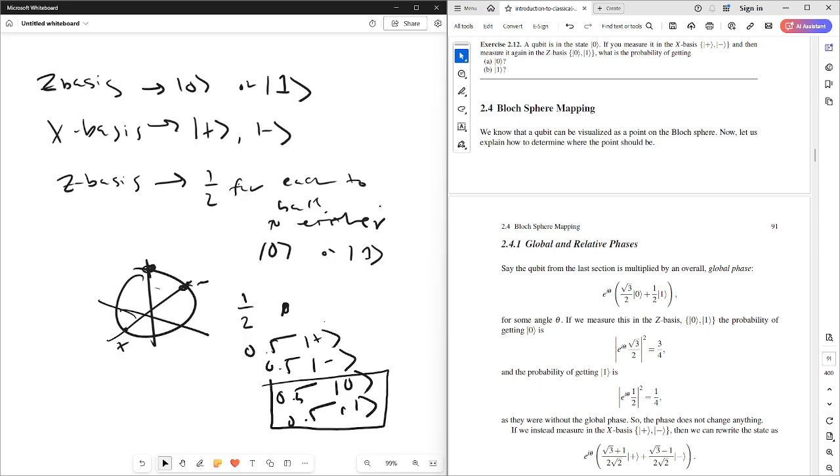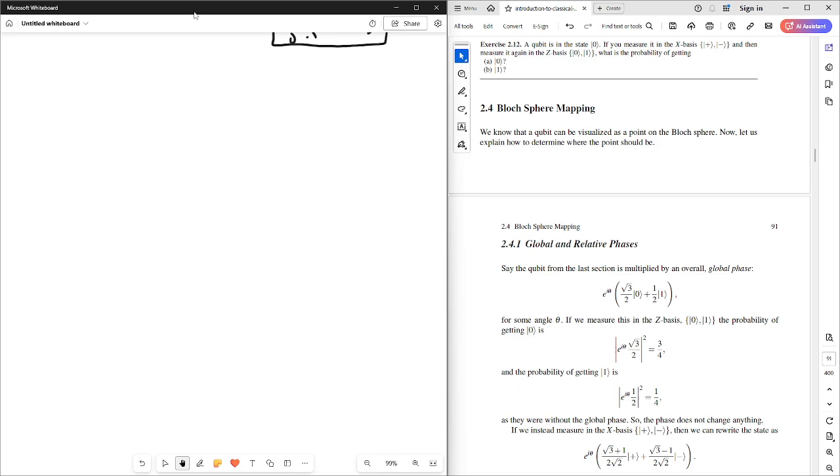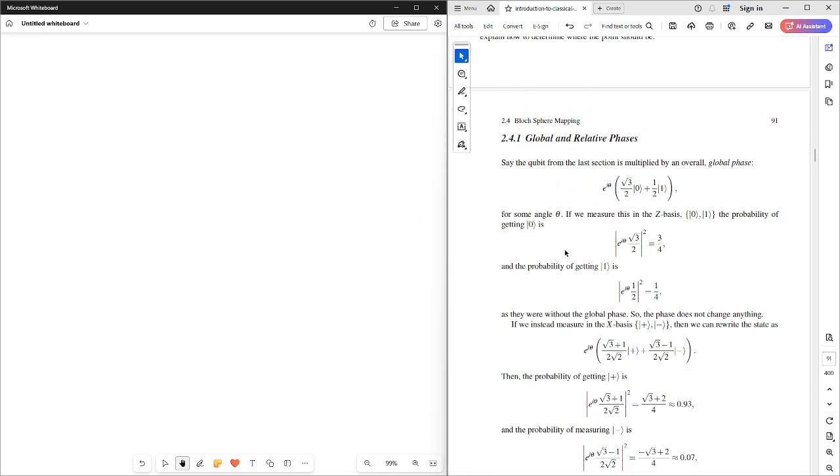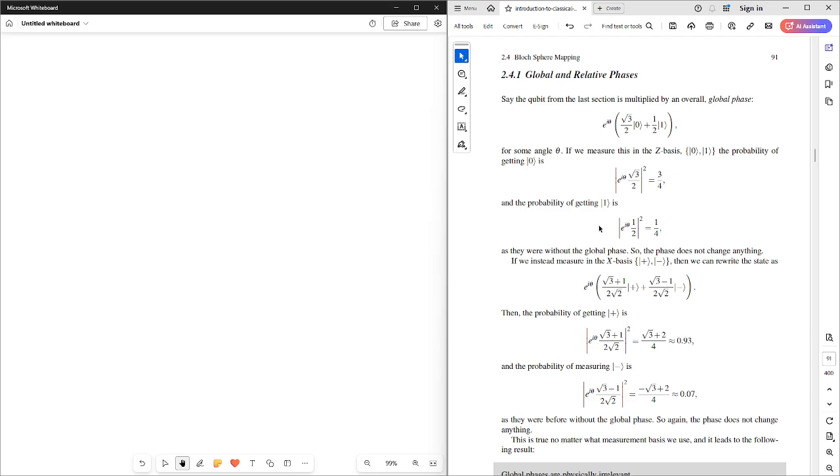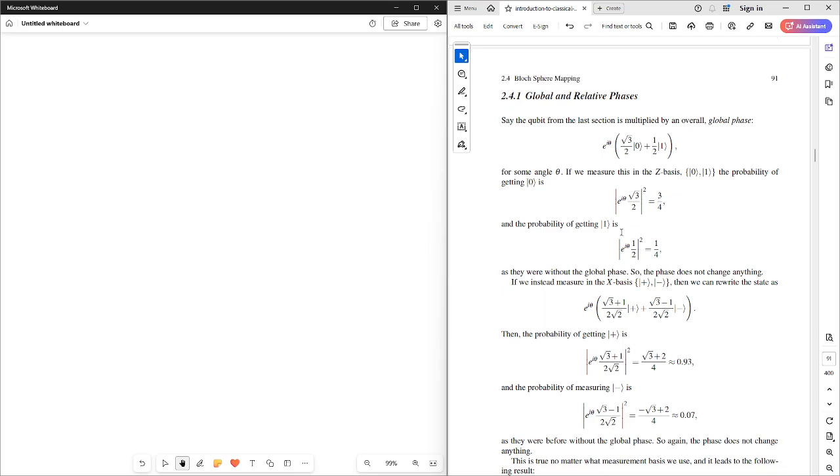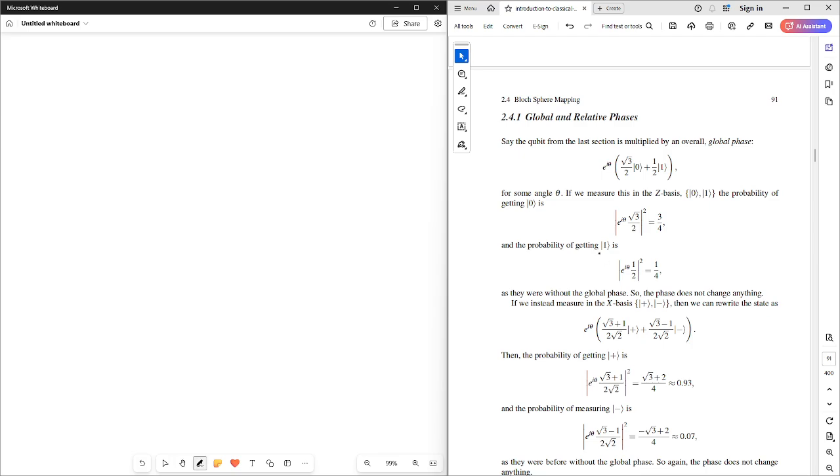So, learning where the point is on the Bloch sphere. As I said earlier, when you multiply by a global phase, it does not change the amplitudes. It does not change the probabilities of being in either state. So for example, here we have e^(iθ).